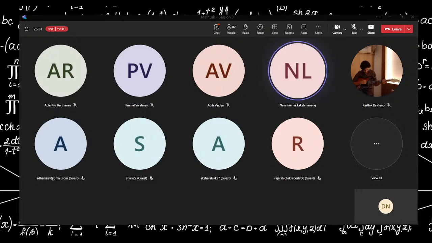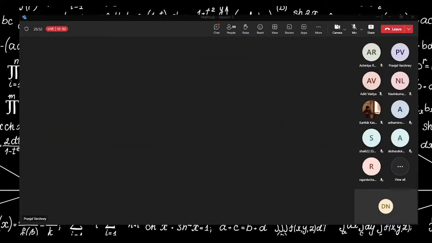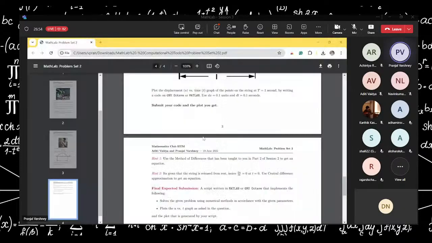Pranjal, I think we can go over the last question once again. Okay, fine. Share your screen as well. Can you share your screen as well if you have the assignment with you? Yes. Is it visible?